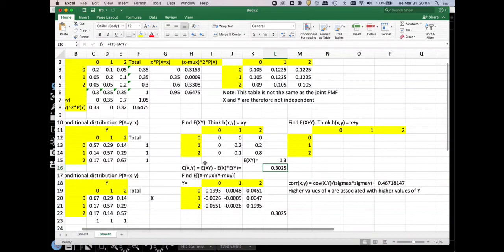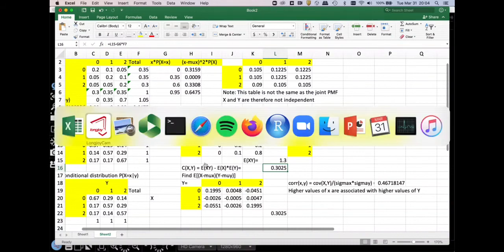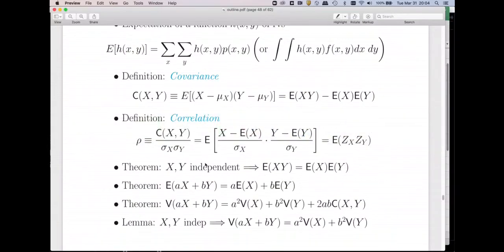You could do the same thing with the variance. In fact, I think that would be a very good exercise for you to try, just to see if you get the same thing going straight to the definition instead of using these shortcut formulas. I have to say, these 2 shortcut formulas are perhaps 2 of the most important formulas we're going to have in this course. We're going to use them time and time again, so it's very important that you're comfortable with them.